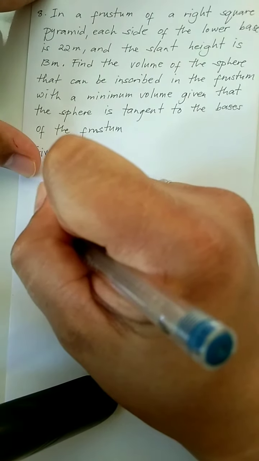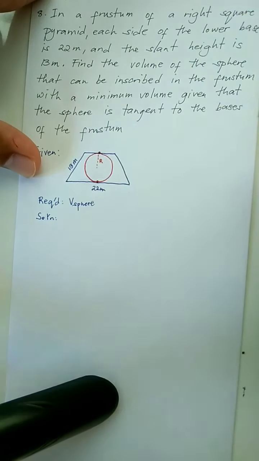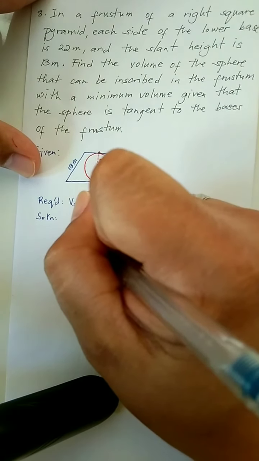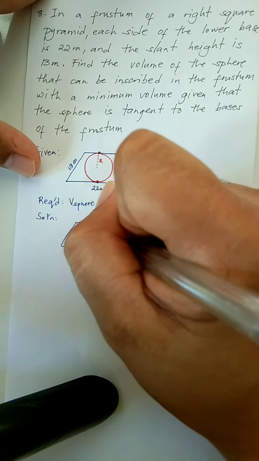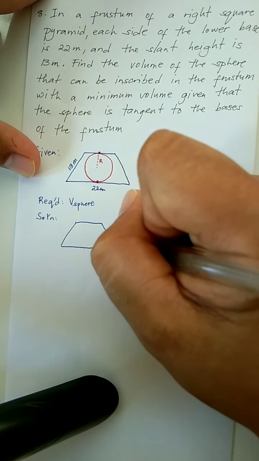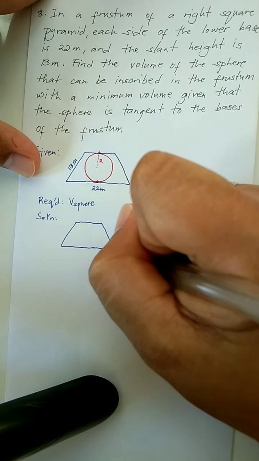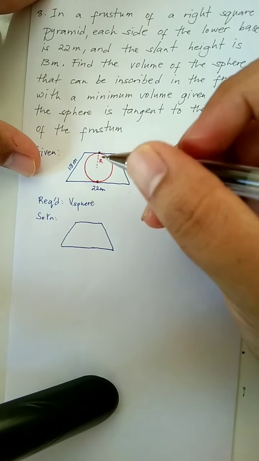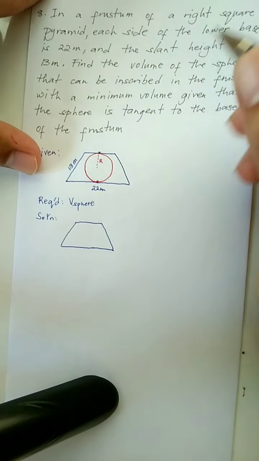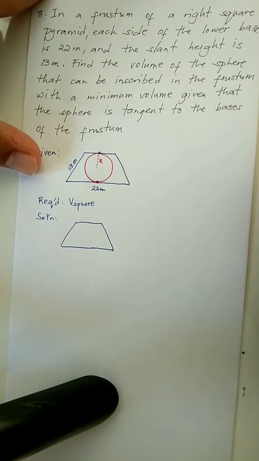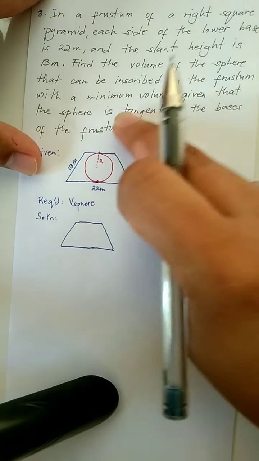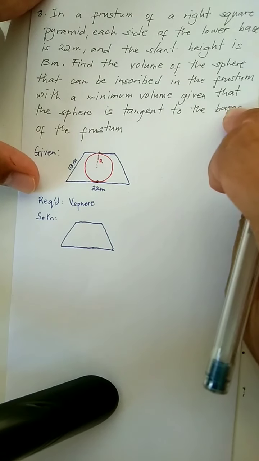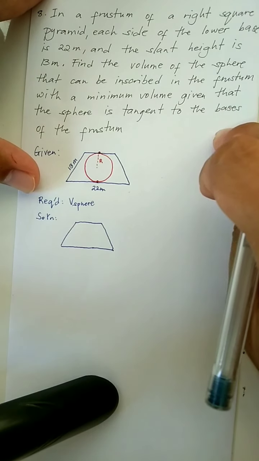Okay, so solution. Let's redraw the figure to analyze how we should go about the problem. It says to find the volume of the sphere that can be inscribed in the frustum with a minimum volume, given that the sphere is tangent to the bases of the frustum.